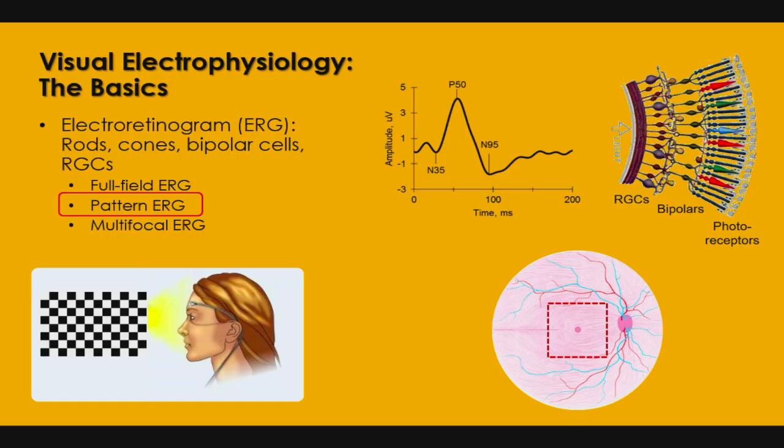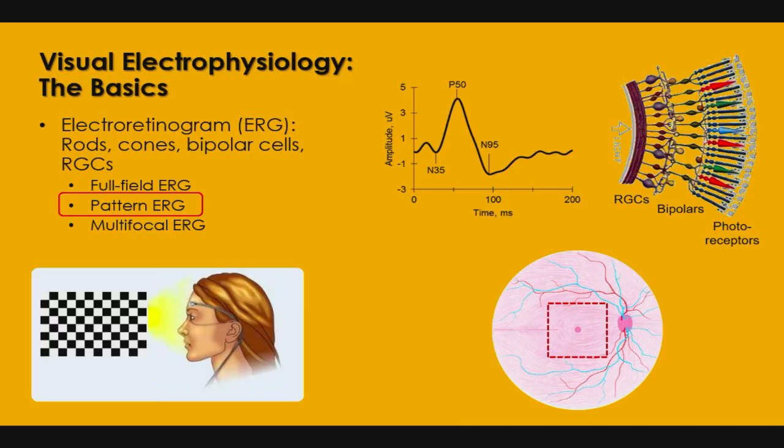Again, scientists are boring. The P simply means positive, and the 50 means that after doing this experiment in several people for a long time, the average time at which you see this positive peak is 50 milliseconds.